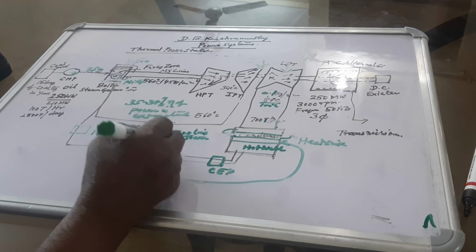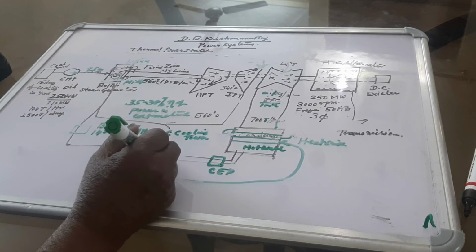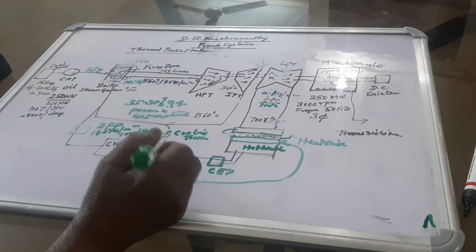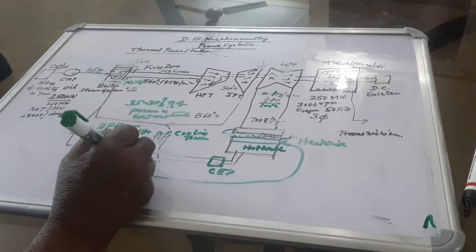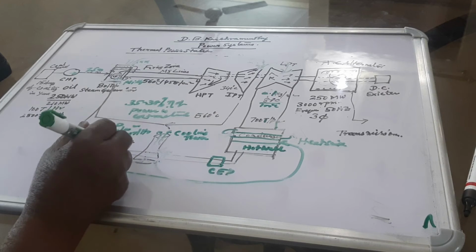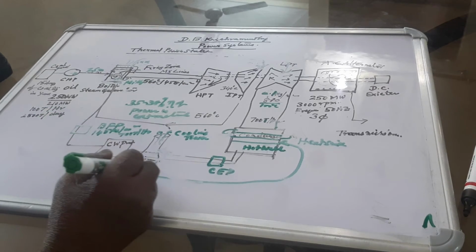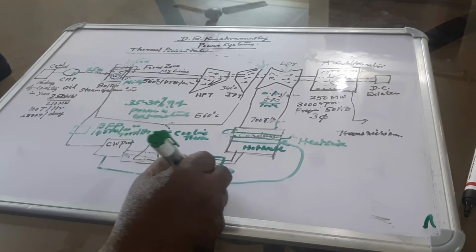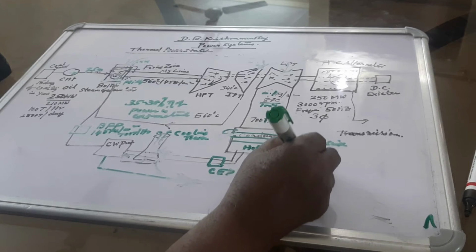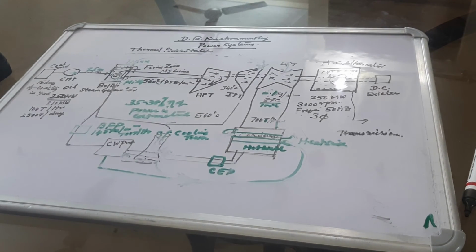When the steam goes to the natural draft cooling tower, these sprinkles will be collected at the bottom of the cooling tower, and this goes to the CW pump. From the CW pump, it will go through the circulating water system to the condenser again to cool the temperature in the condenser tubes.